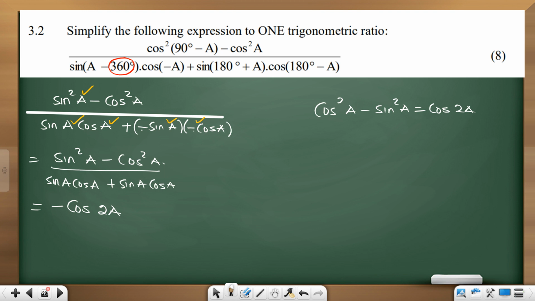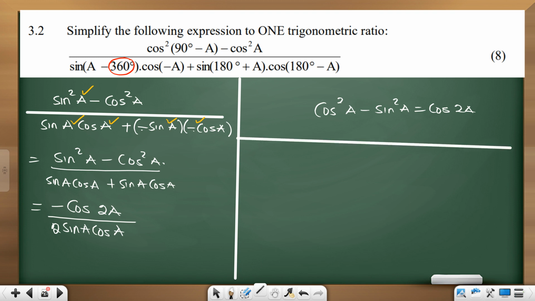Now, what do we have at the bottom? Sine A cos A plus sine A cos A. What is it? 2 sine A cos A. That's another identity. What is that? Sine 2A. So what do we have?